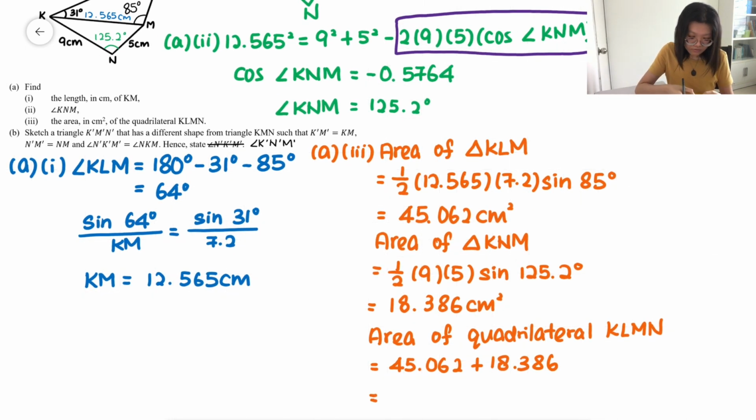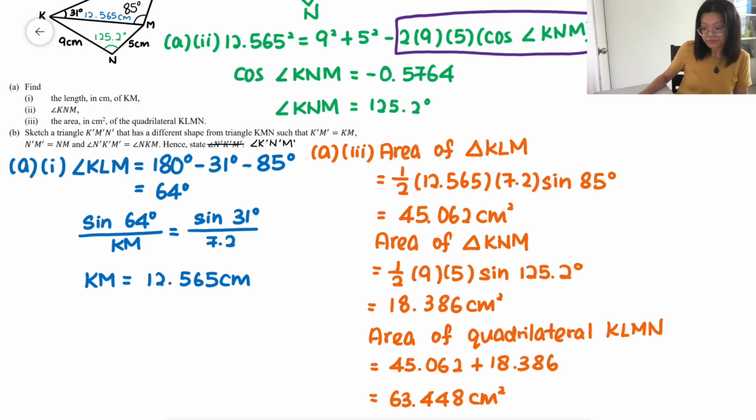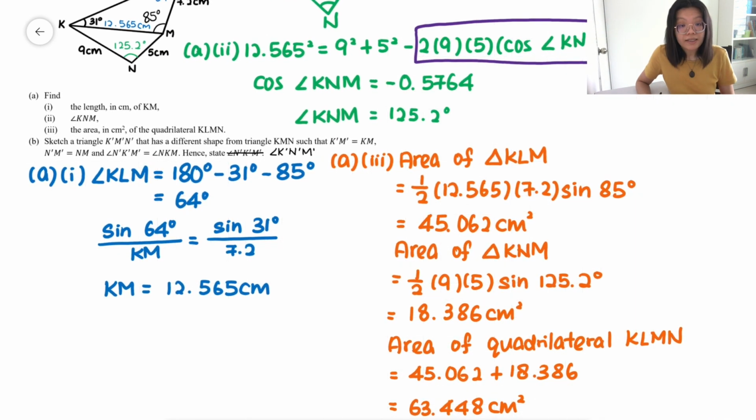That equals to 63.448 cm square. Remember to write the unit for your final answer. Okay, good. So we are done for part A. And then you will realize that for part A, it will be easy.